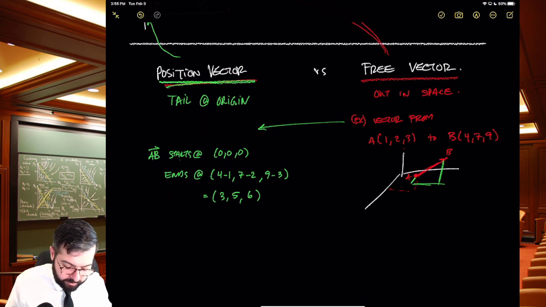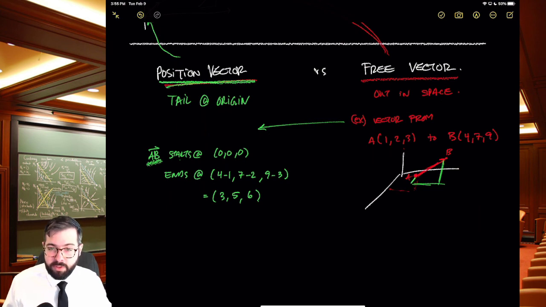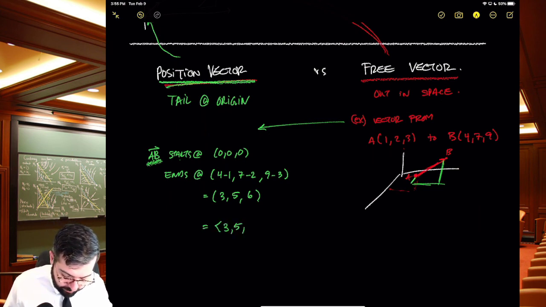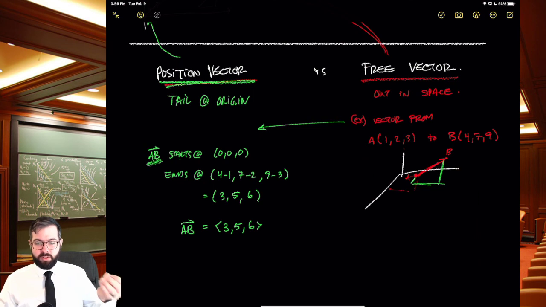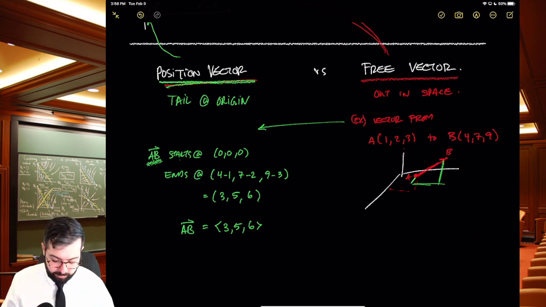And so since this is a position vector, it starts at 0, 0, 0, it ends at this point, we call this the position vector representation of AB, and we use this notation 3, 5, 6. Since all position vectors start at 0, 0, 0, we only care about their endpoint.